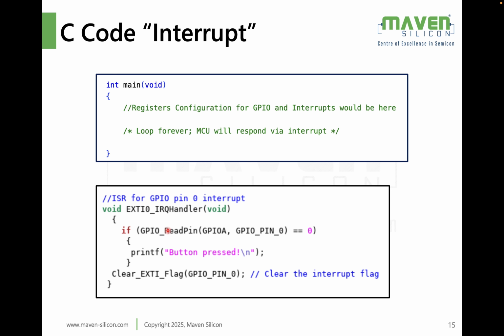Now, for example, if a push button is pressed, then only this interrupt service routine will be called by the CPU, and this particular function will be executed. And after this is executed, it will go back to the main and continue the operation. So it is no longer constantly polling the button status the way we saw in the polling approach.